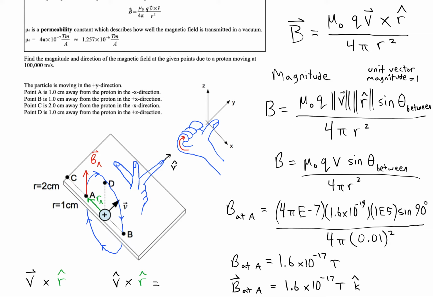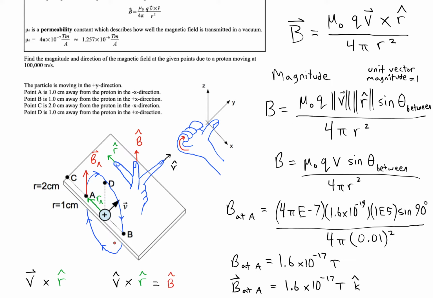So this is the direction of V. This is the direction of R. And the result points up, in the direction of our magnetic field. We get the same result doing it this way as we had using the other right-hand rule.